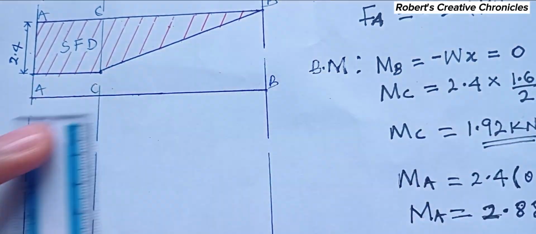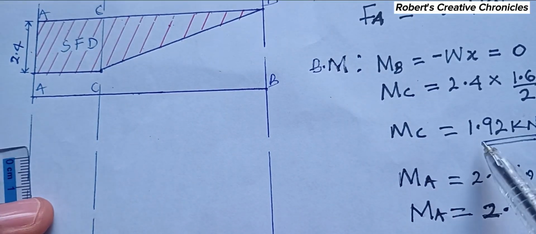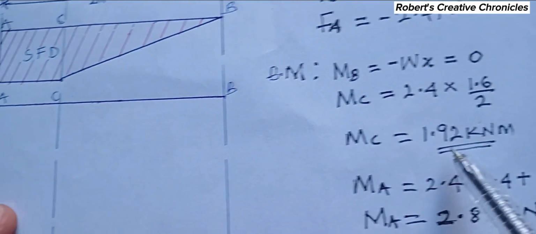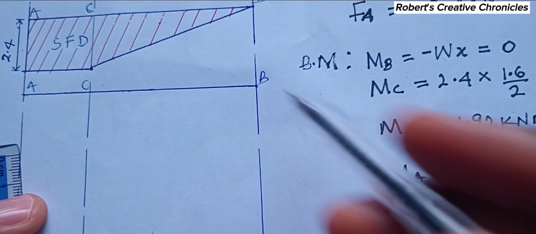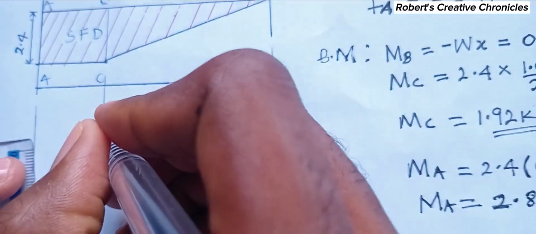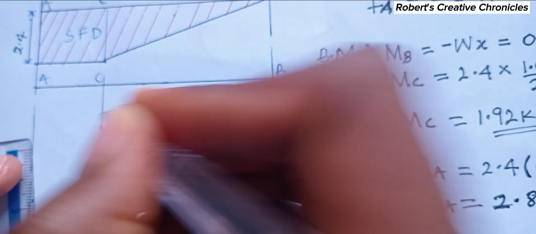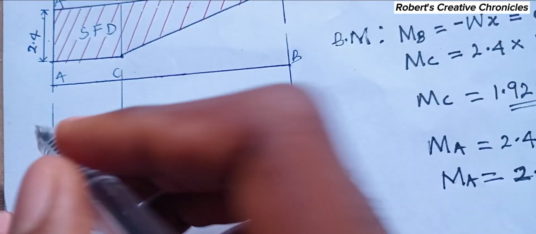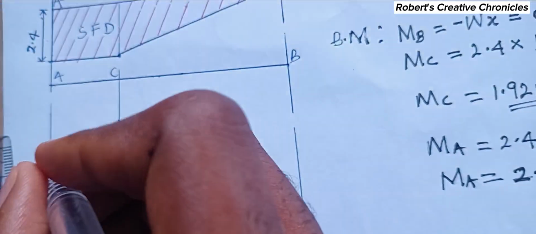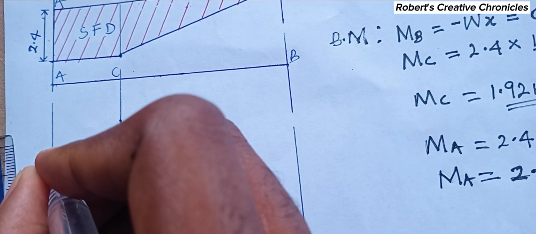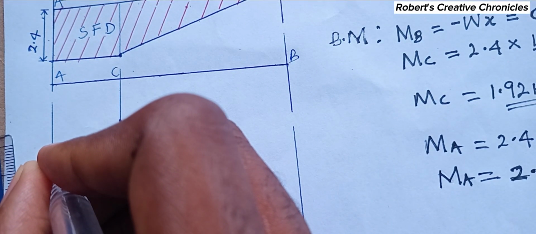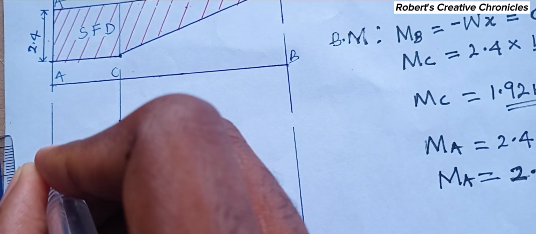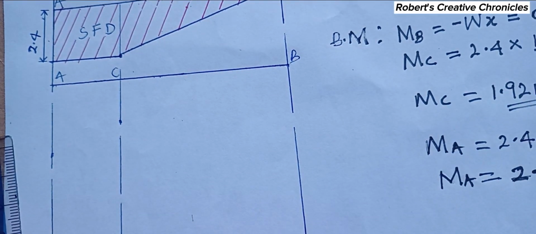Now I've marked this point. At C, the bending moment is 1.92, so at C you come, maybe this is my 1.92. Then at A is 2.88. You can actually measure it using a scale, but I'm doing a sketch. Let me assume this is my 2.88.